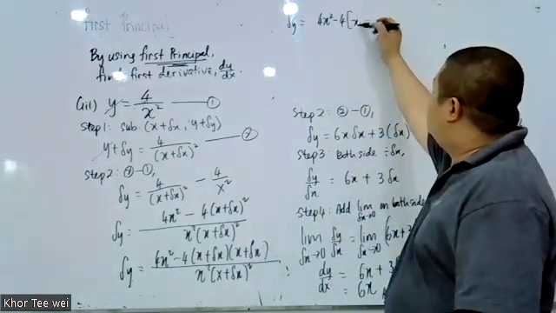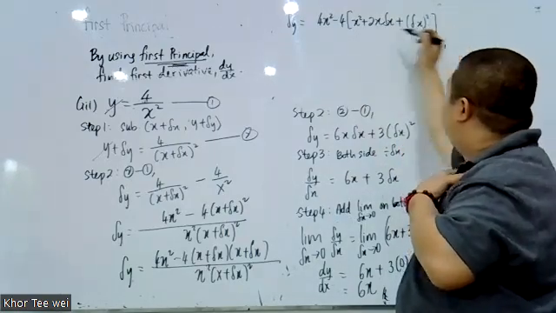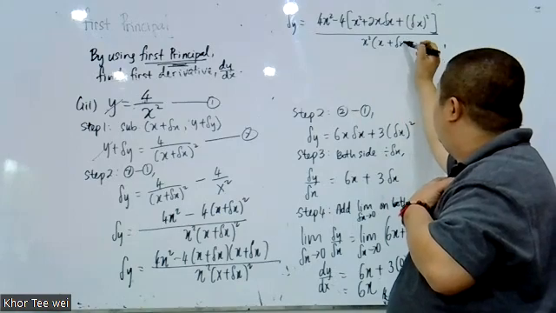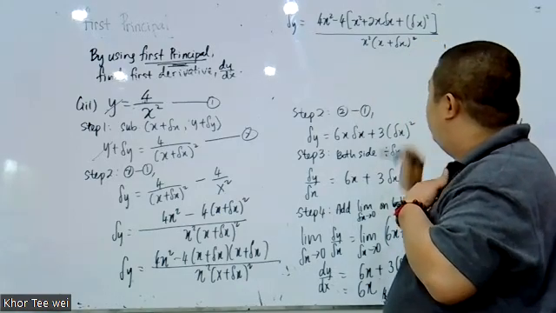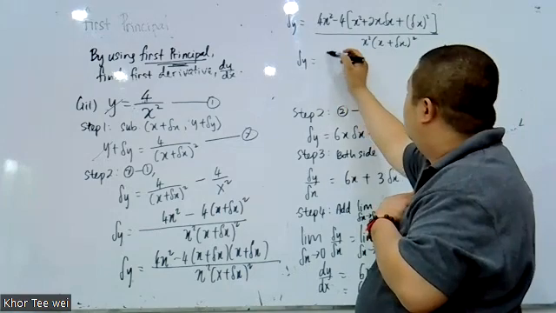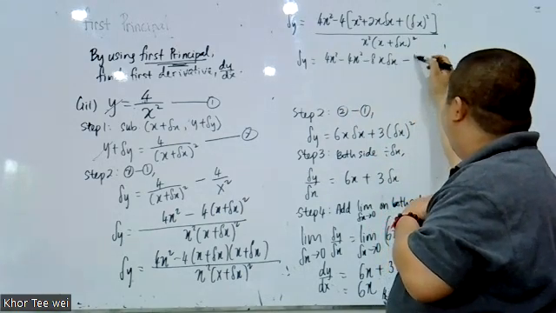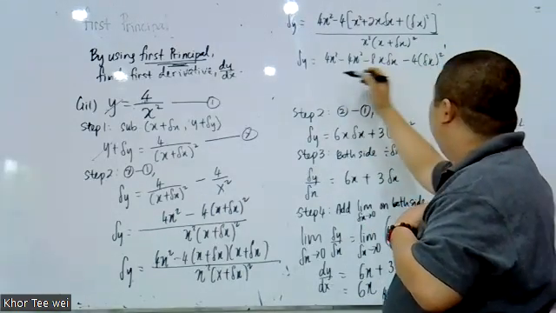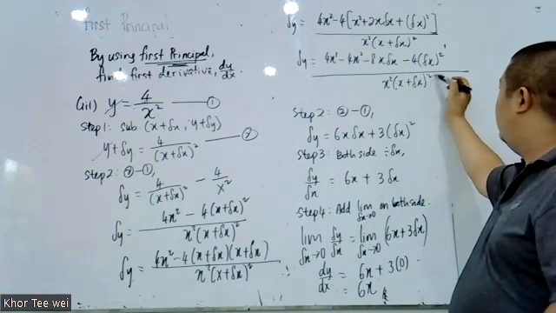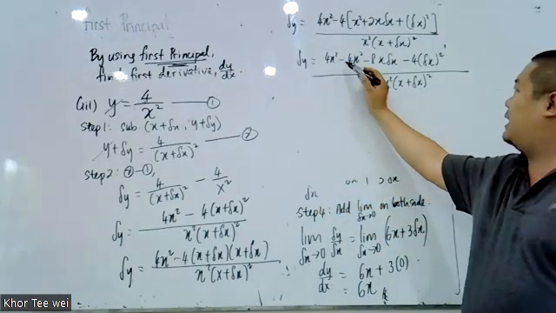So x squared plus 2x delta x plus delta x squared. Then expand. So this one can cut.